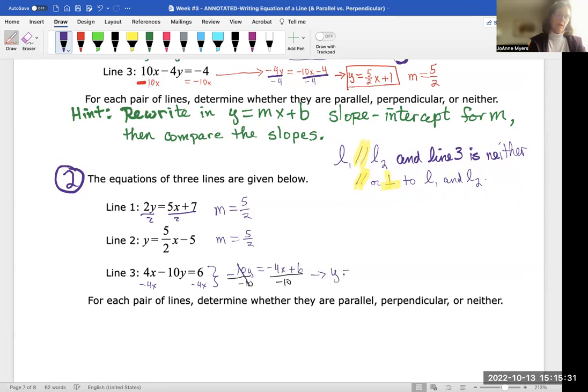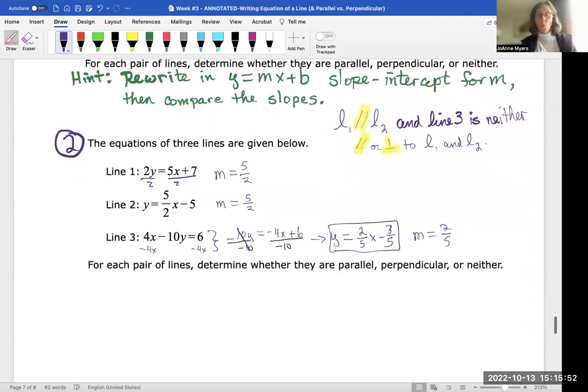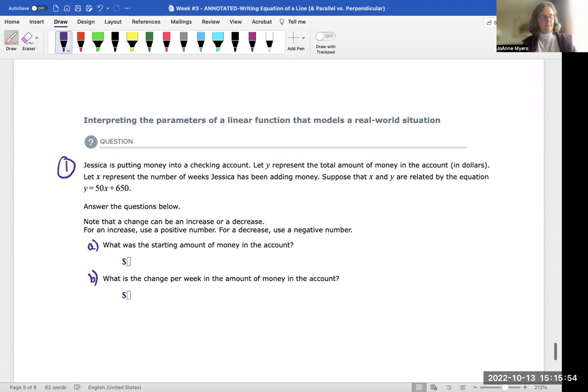So I would have y equals negative 4 divided by negative 10 is 2/5. And 6 and 10 reduce by 2 to give you 3/5. So this slope would be 2/5. So again, same answer. Lines 1 and 2 are parallel. Line 3 is not parallel or perpendicular to the others.